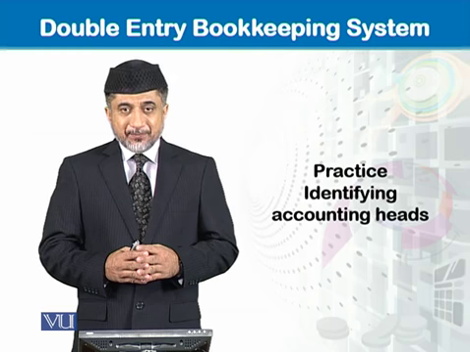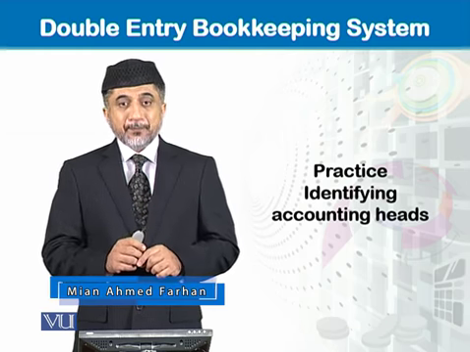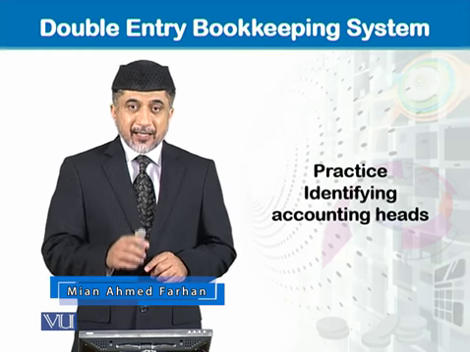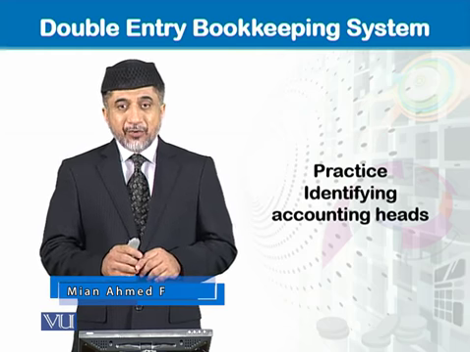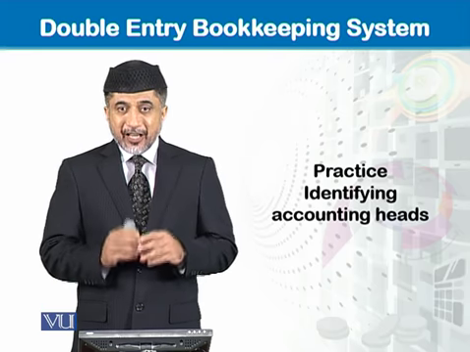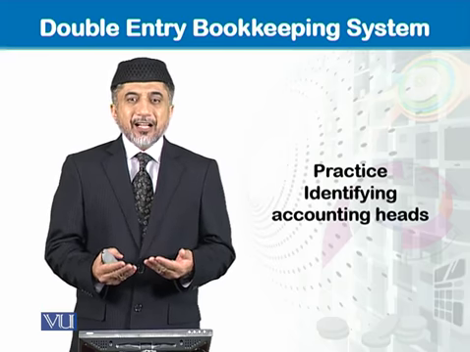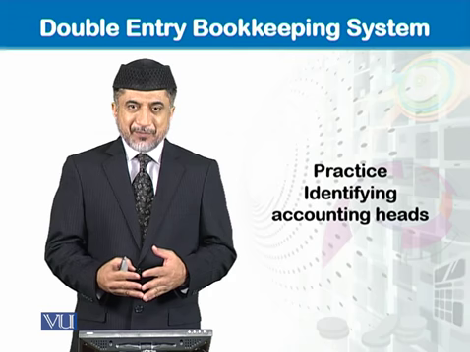But remember that you have to keep that table in front of you that we discussed in our last module, in which there are main heads and there are few family members of that main heads, which are the accounting heads of those main heads.